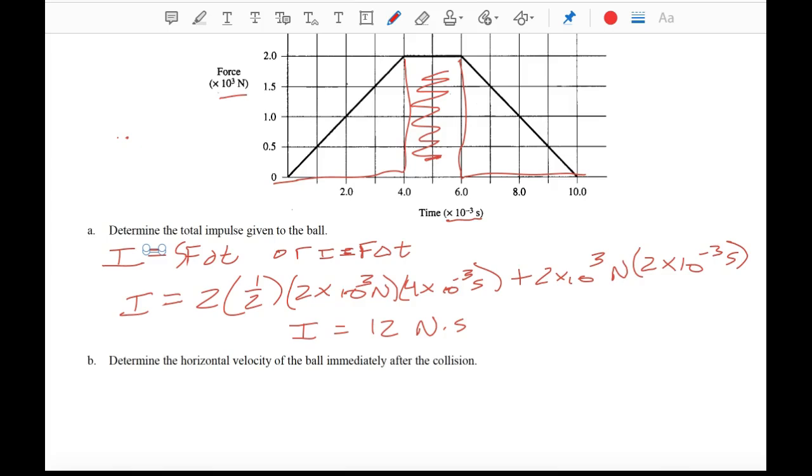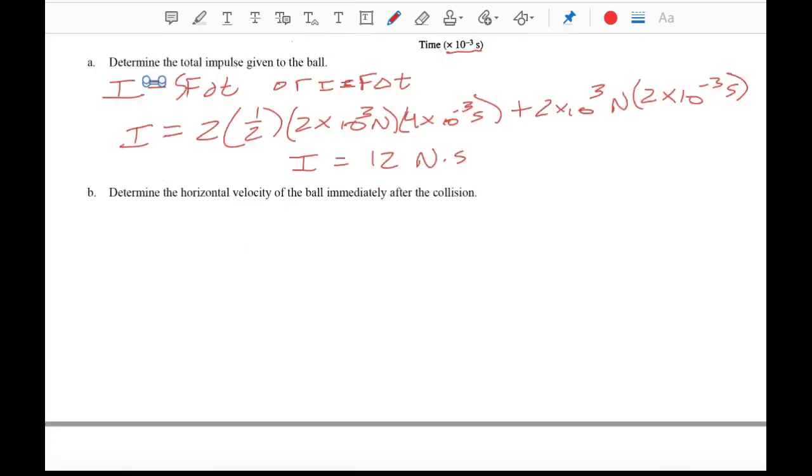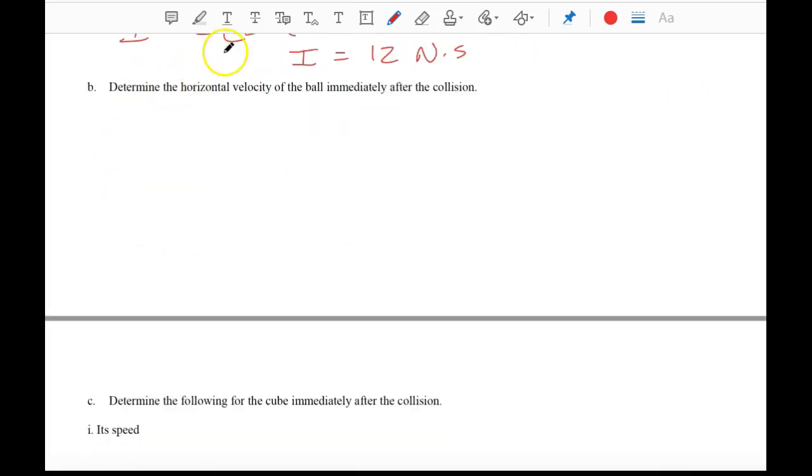For item B, they want to know what is the horizontal velocity of the ball immediately after the collision. So to do this, we need a correct expression relating impulse and momentum. So we can say impulse J, so we'll switch to J here, is equal to the integral of m dv.